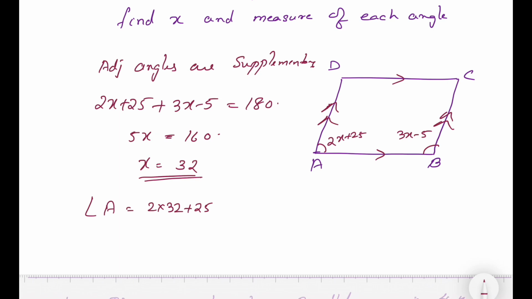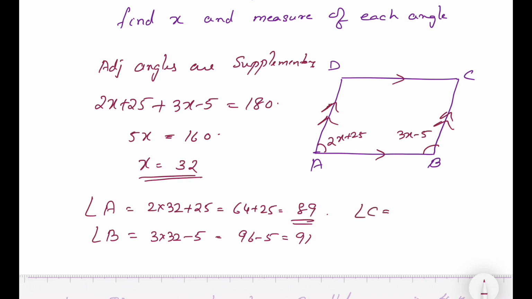So it is 64 plus 25, 89. And angle B will be equal to 3 into 32 minus 5, 96 minus 5 equal to 91. Now angle C will be equal to angle A, 89, opposite angles are equal, and angle D will be equal to angle B, is equal to 91.